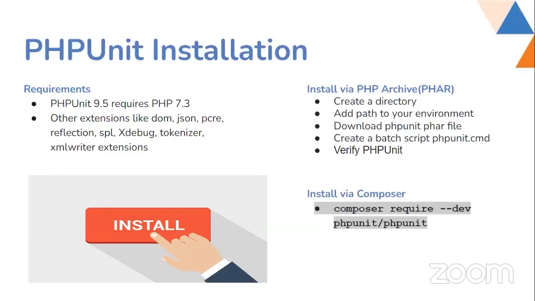Then create a command which will run the script of PHPUnit. And then the last step, you need to check whether it's installed or not. You will verify it by running a command, that is phpunit --version. If it gets installed, you will right away know by looking at the screen. You will see that the version has appeared, that is PHPUnit 9.5.